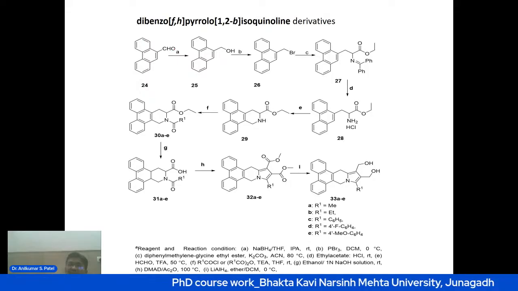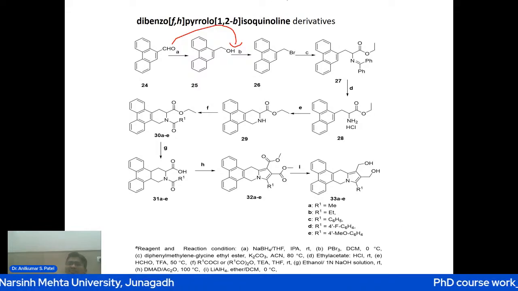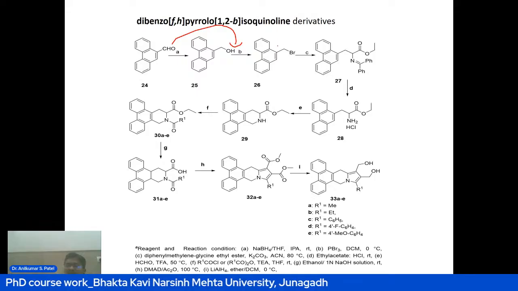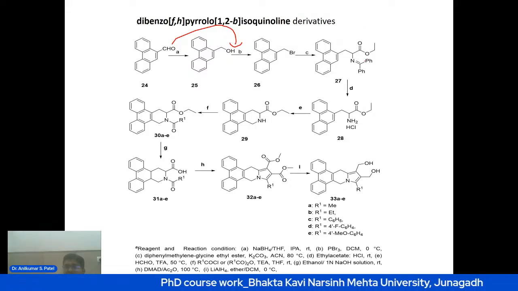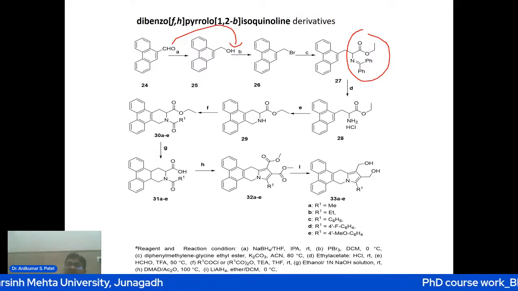So we started with the phenanthrene aldehyde, which can be reduced to the alcohol by using sodium borohydride. Then this alcohol is converted into the bromo derivative by PBr3 in dichloromethane. This bromo derivative reacts with diphenylmethylene glycine ethyl ester, a compound very important for producing amino acid derivatives.